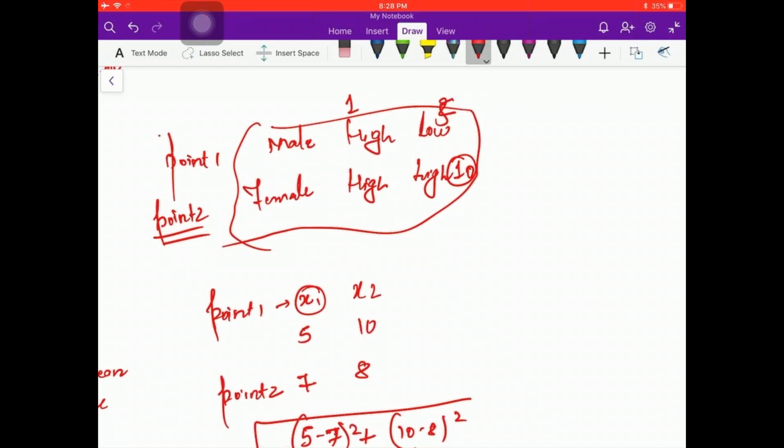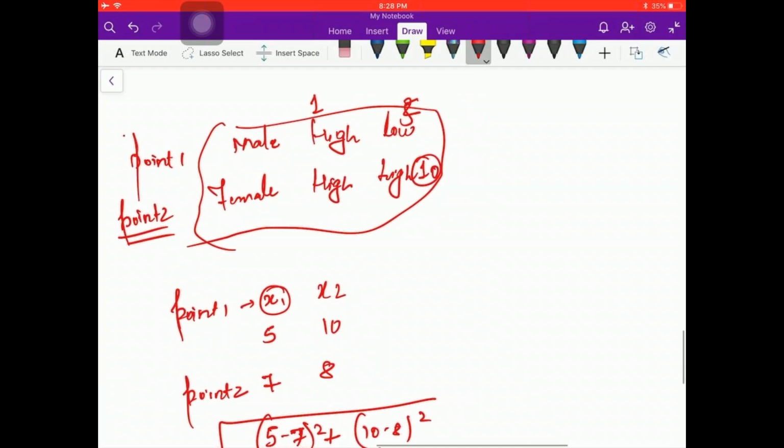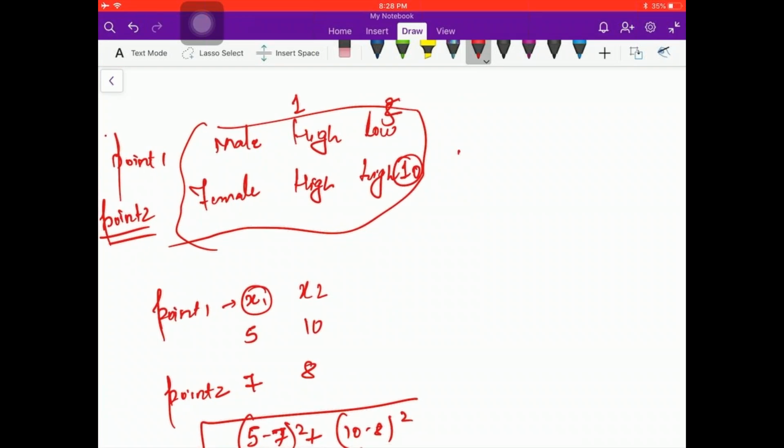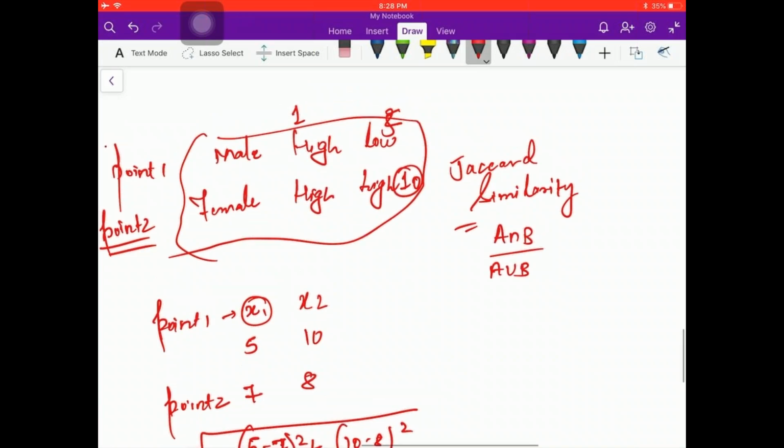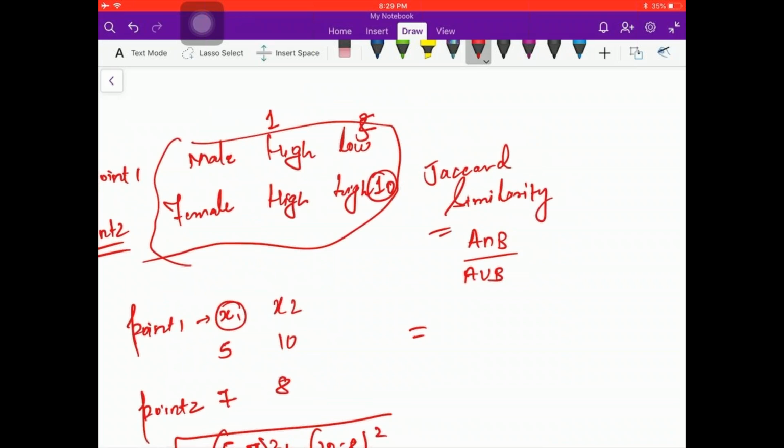Any other answers? So there's something called Jaccard similarity. The name sounds complex, but it's a very easy concept: A intersection B divided by A union B. How many total possible values are there?